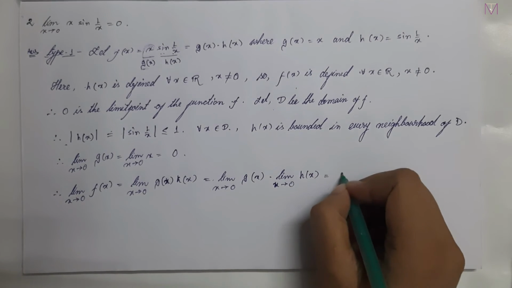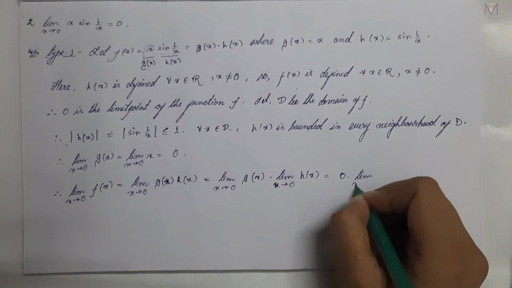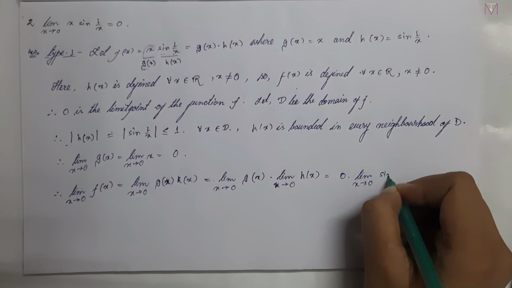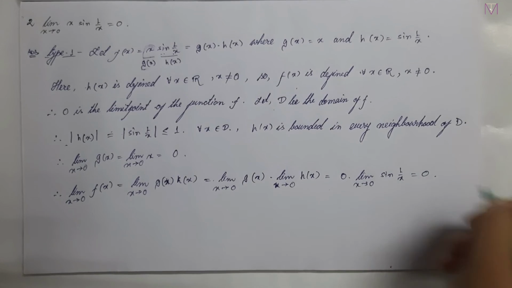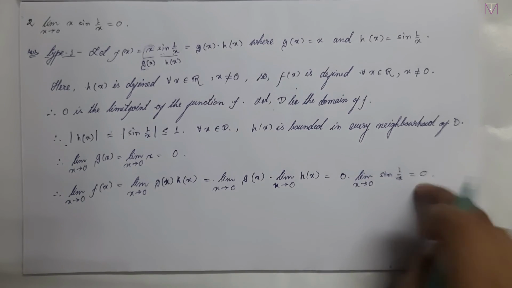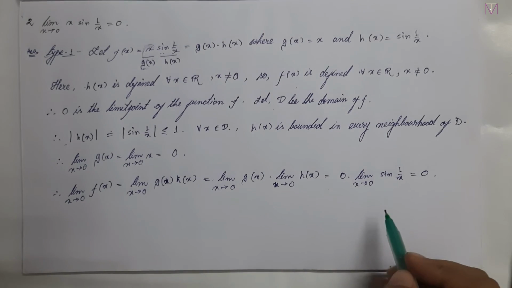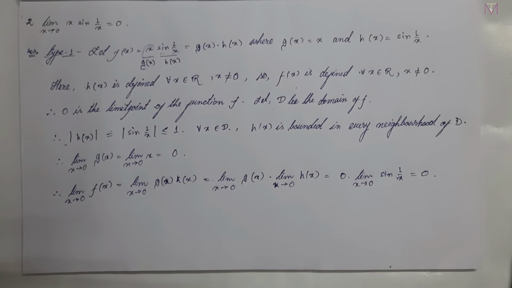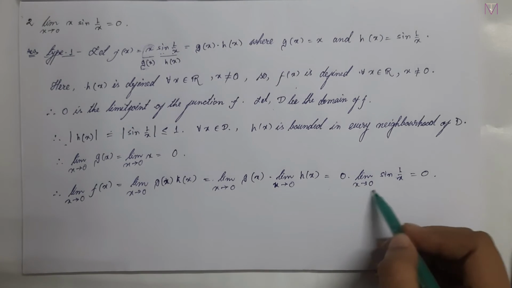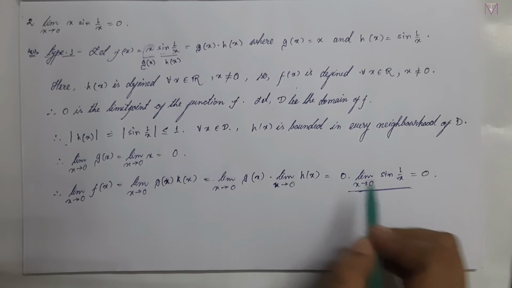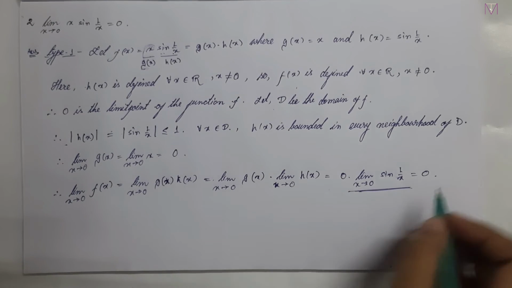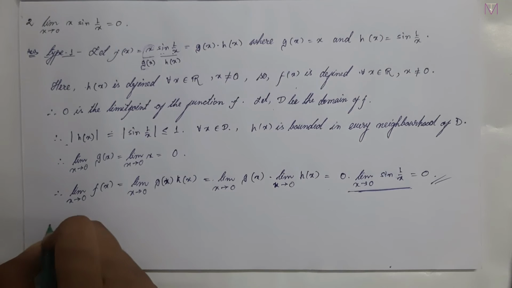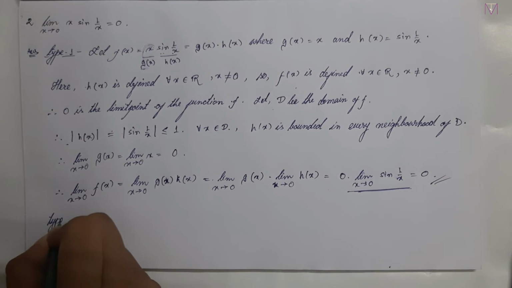So 0 into limit x tends to 0, sin 1 by x is equal to 0, because 0 into something we get 0. Here we don't have to prove the limit of sin 1 by x, that is the limit of h(x). This is method 1. Now type 2.